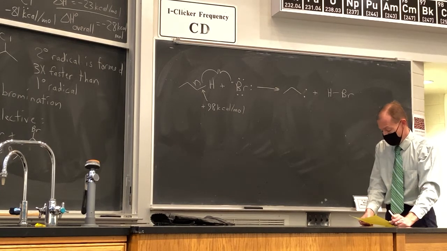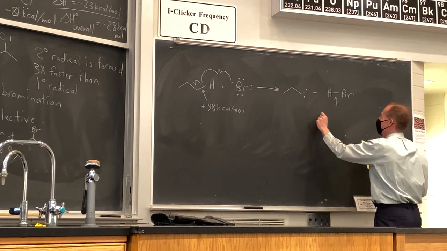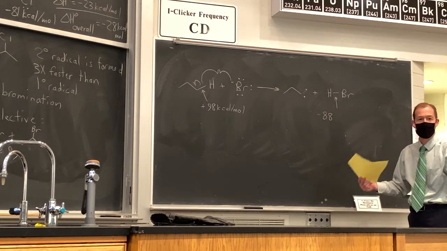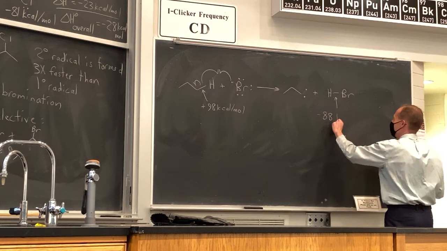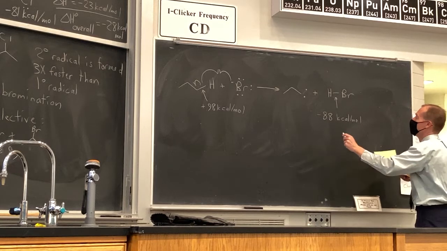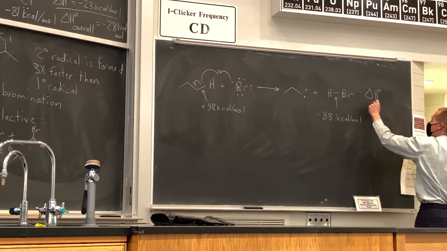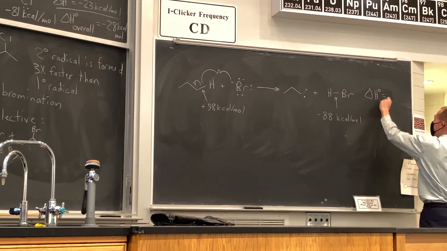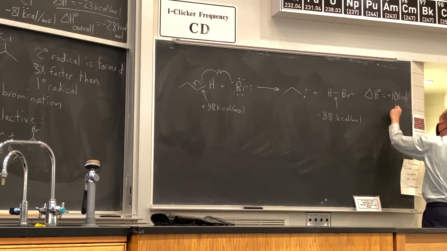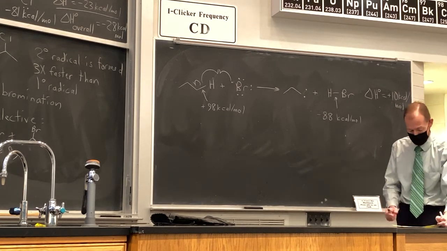The hydrogen-bromine bond is significantly weaker than the hydrogen-chlorine bond. Bromine is a bigger atom than chlorine. There's a longer bond, and so it's weaker, 88 kcal per mole. So our first propagation step is endothermic, endothermic by 10 kcal per mole.